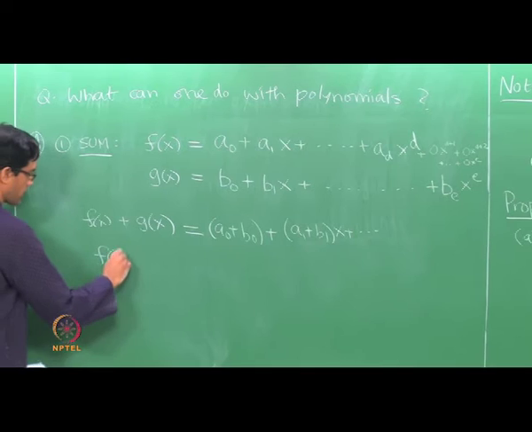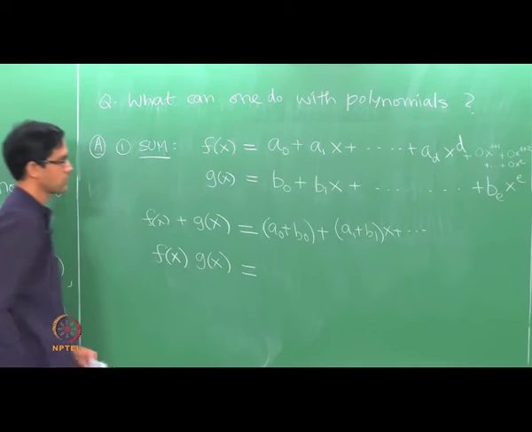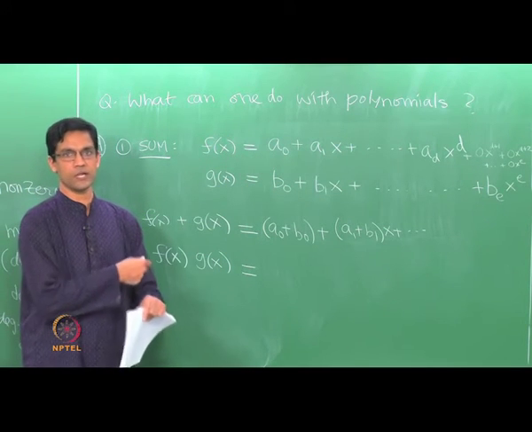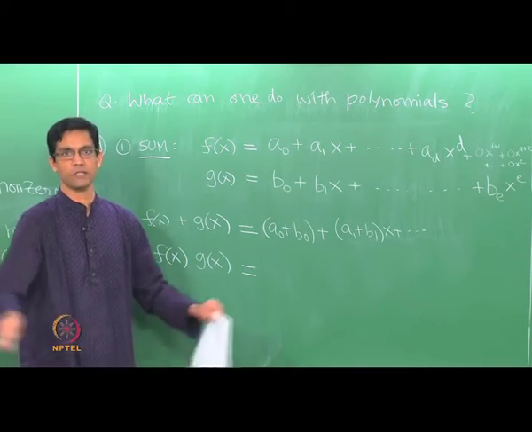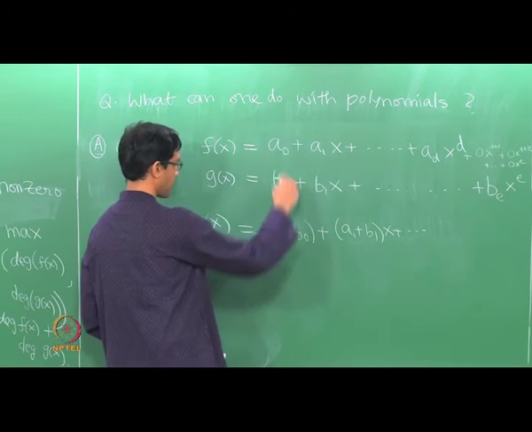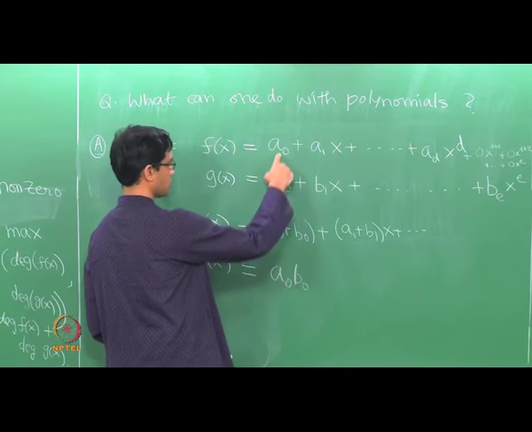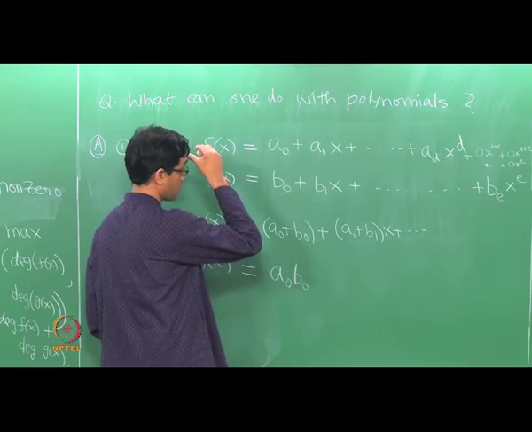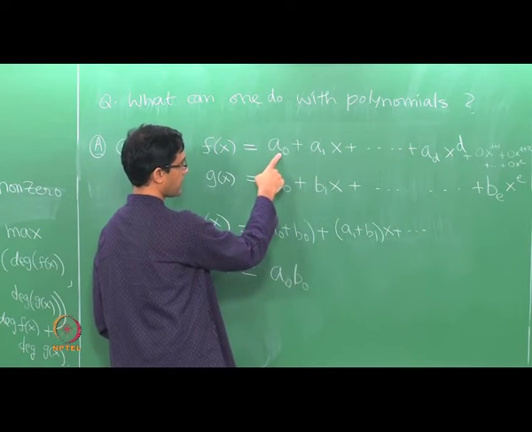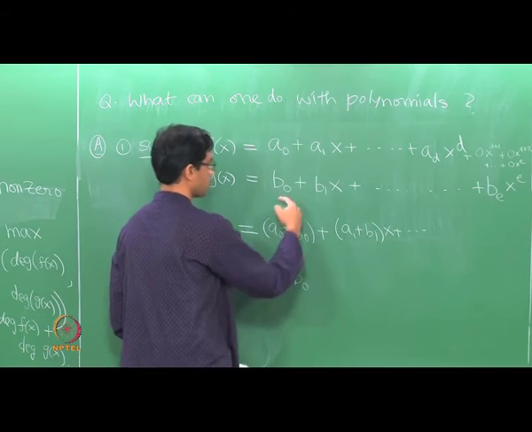And similarly the product again is the familiar operation, f of x times g of x. You write these two things out and then you just use the distributive law and expand the whole thing out. When you do this, for example, a0 b0 will be the constant term. To get a coefficient of x I need to multiply a0 with b1 x and b0 with a1 x.